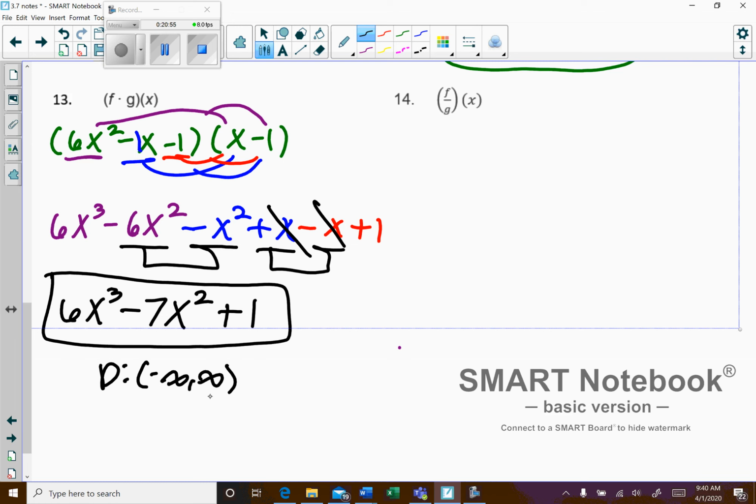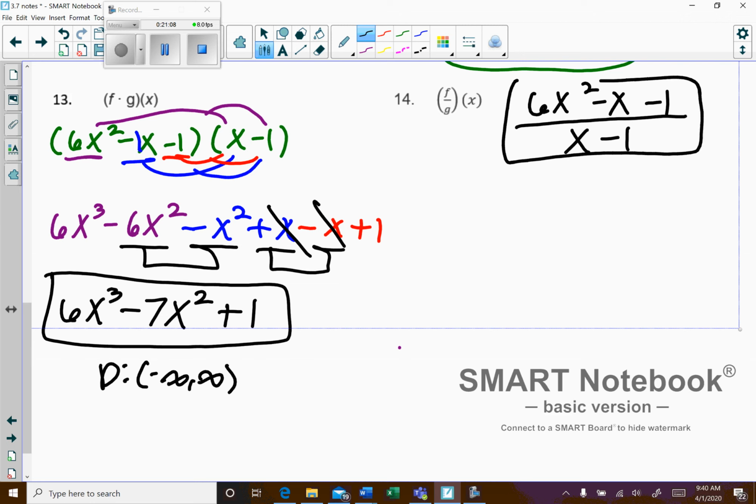Okay, our quotient here. We'll put the f function on top, so we're going to have 6x squared minus x minus 1 all over x minus 1. And once again, you don't really have to worry about simplifying this, so don't try to cancel anything out. Just leave it how it is.